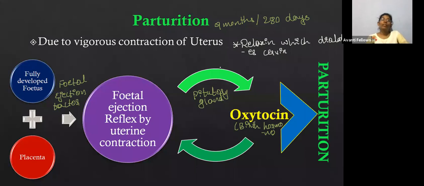If that is not possible, or if the parturition is not happening normally, then we can remove the fully formed fetus by a surgical method, that is what is called a cesarean. Is this clear? That is what is called cesarean.